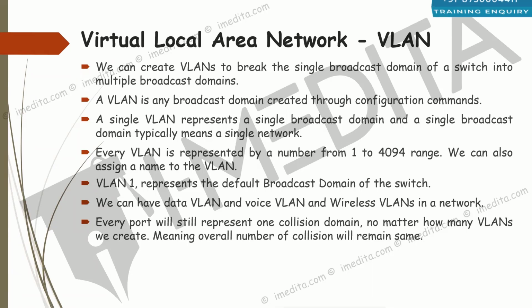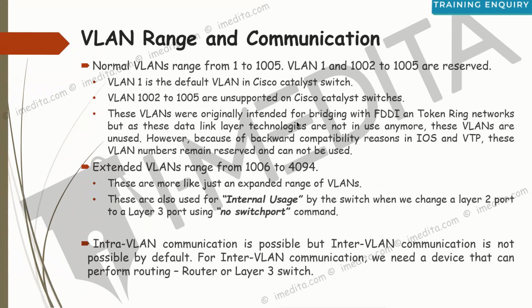If you don't have any doubt, there are 2 ranges for the VLAN. We can create the VLANs from 1 to 4094. There is a normal range VLAN from 1 to 1005. VLAN 1 and 1002 to 1005 are reserved. VLAN 1 is the default VLAN in the Cisco Catalyst switches, and 1002 to 1005 are unsupported on Cisco Catalyst switches.